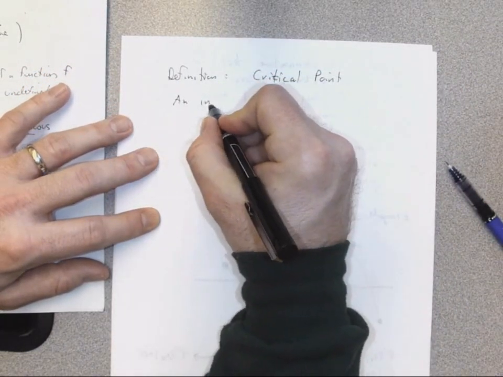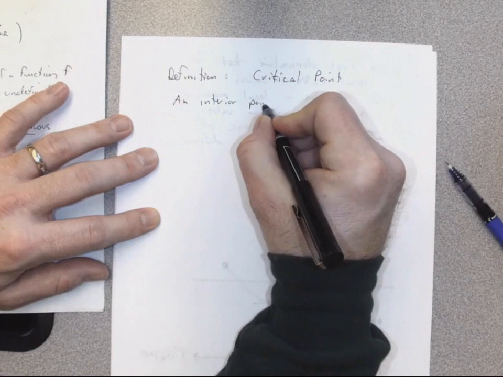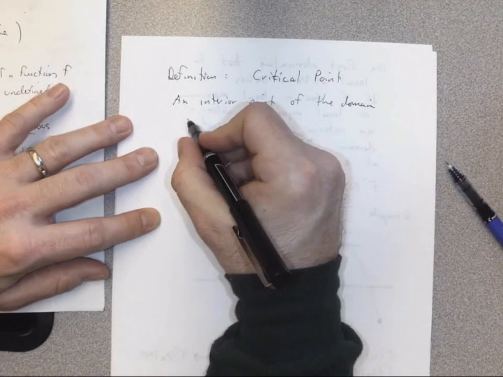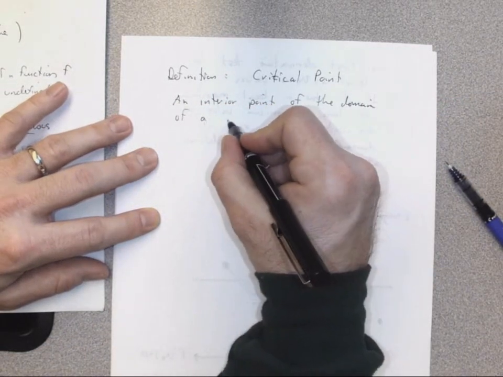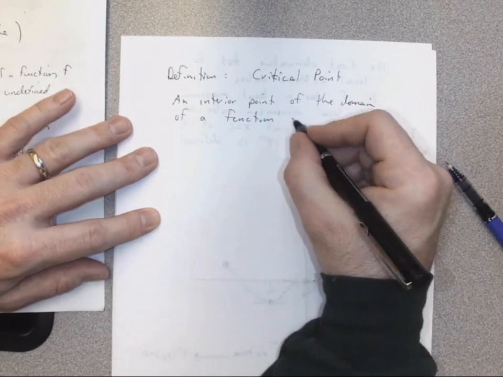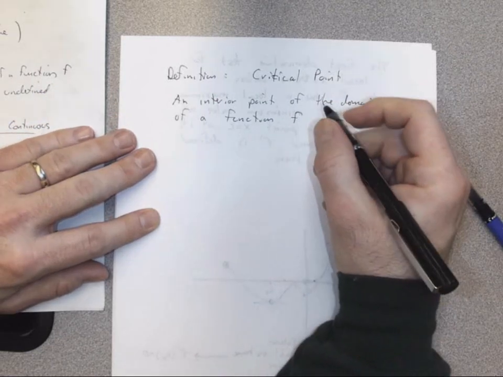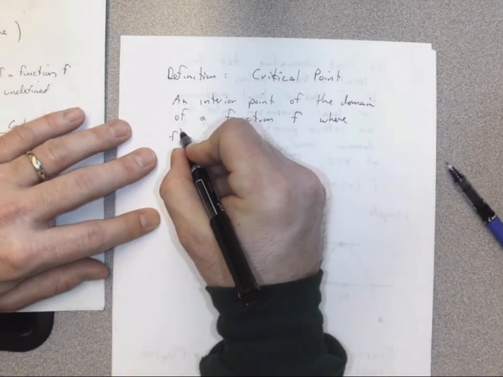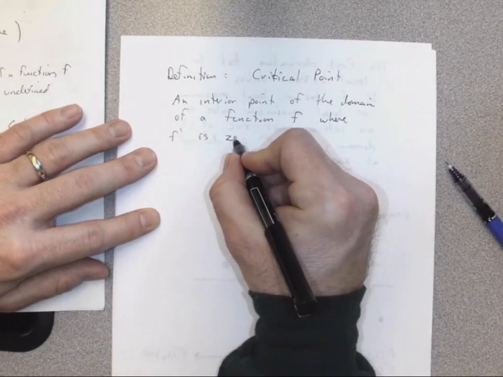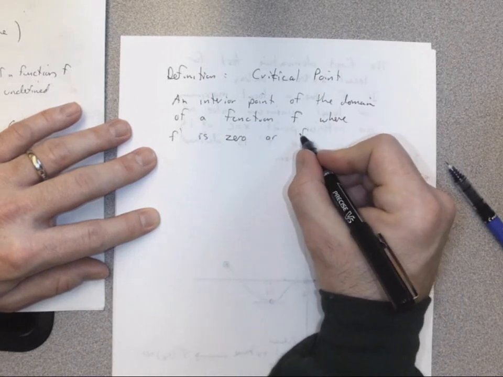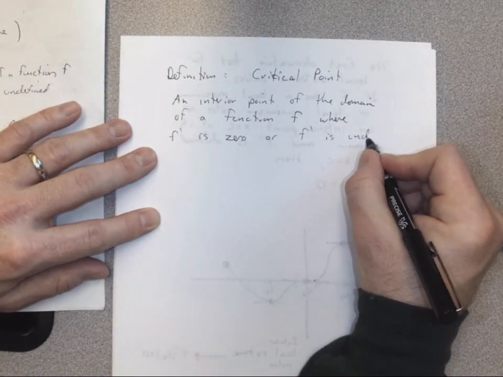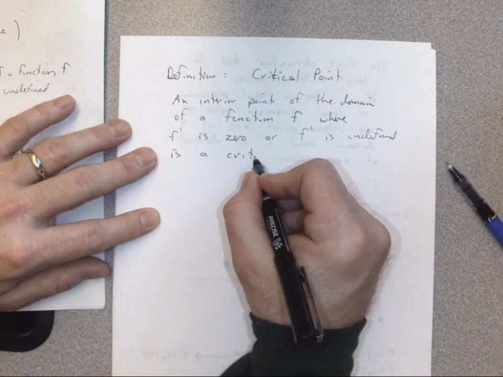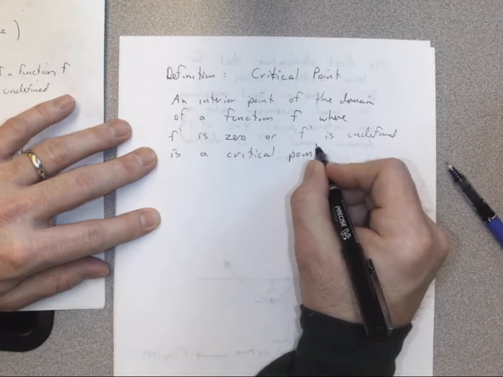An interior point of the domain of a function f, where f prime is 0 or f prime is undefined, is called a critical point.